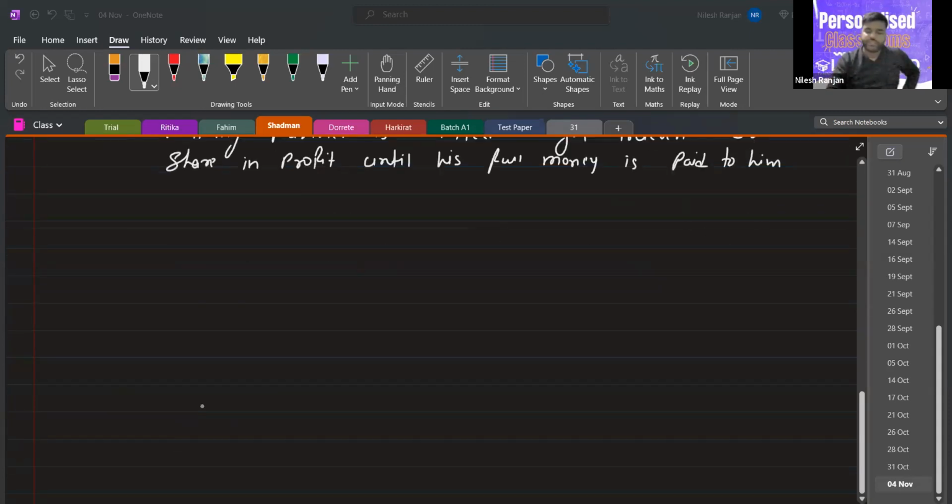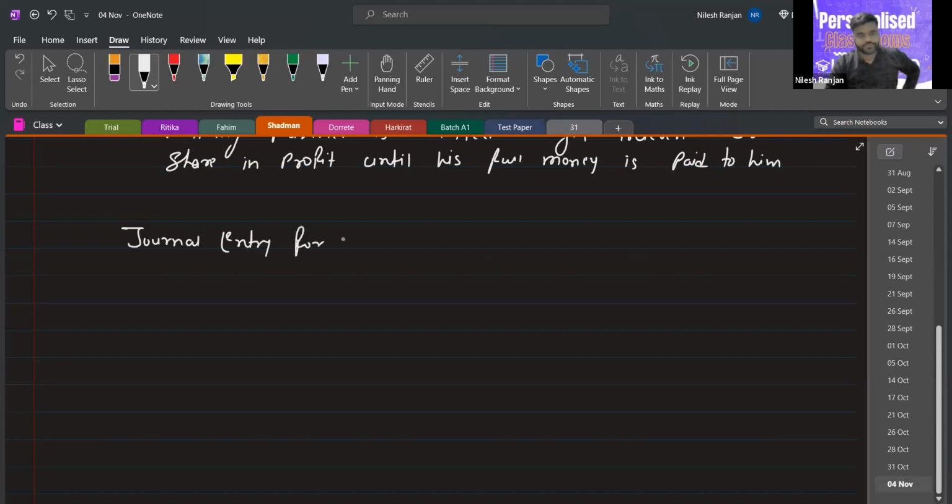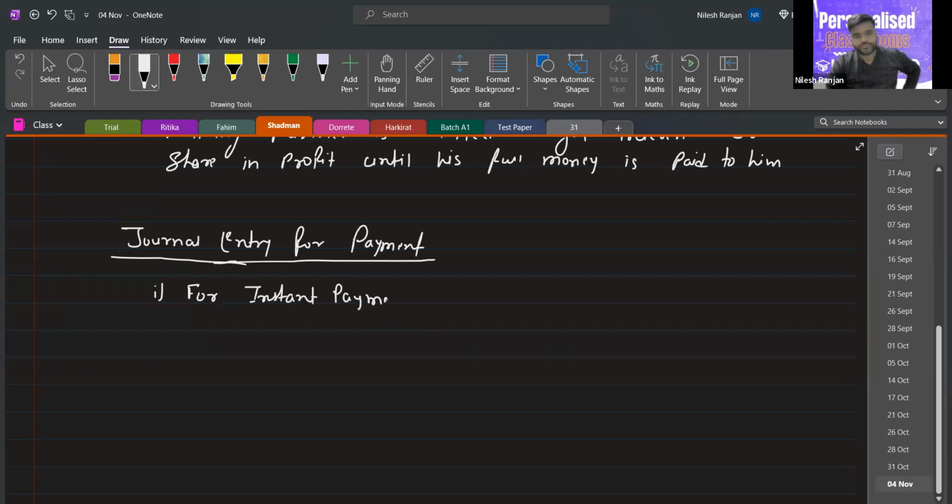Now, journal entry for payment. If we pay the amount right now, what will be the journal entry? Let's say for instant payment, to the retiring partner.